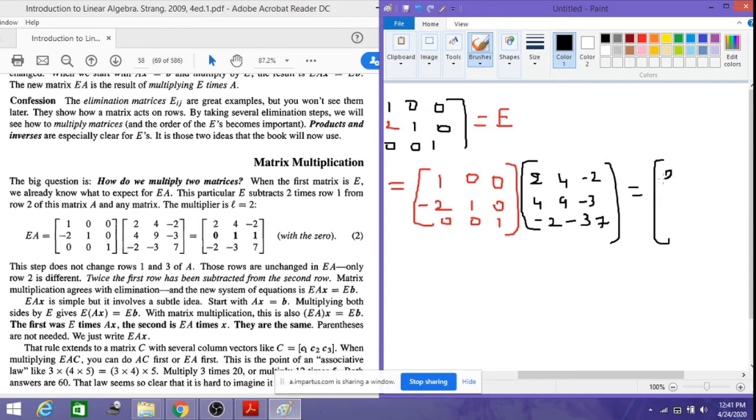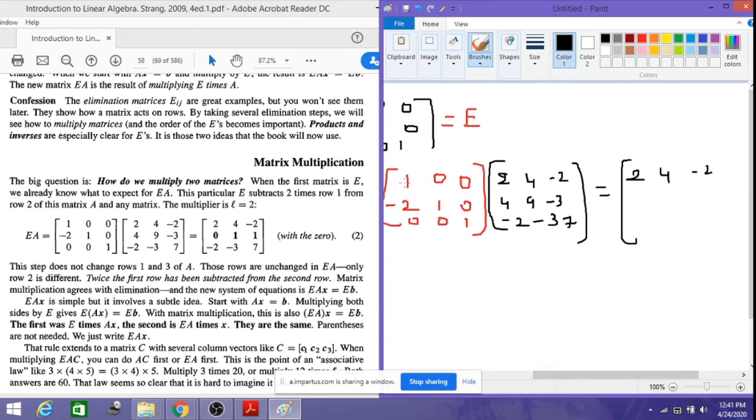So we can just write this as 2, 4 and minus 2. If you want, you can cross check. This is 2 with all other values 0, then 1 into 4 plus all other values 0, then 1 into minus 2 plus all other values 0. So I get back my first row.